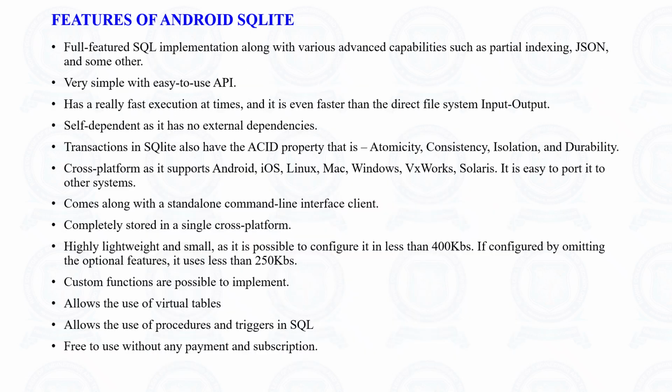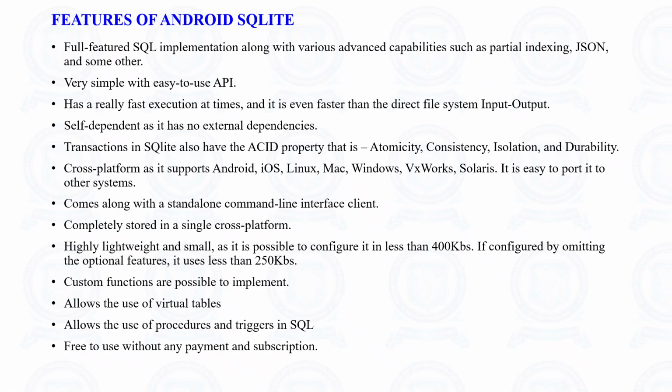Features of Android SQLite. Full featured SQL implementation along with various advanced capabilities such as partial indexing, JSON, and others. Very simple with an easy to use API, has really fast execution at times, even faster than direct file system input output.